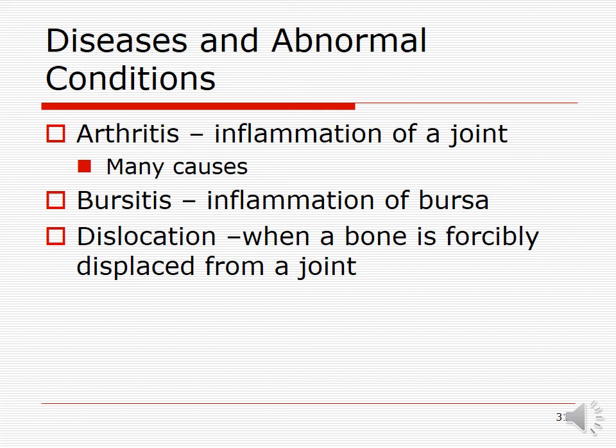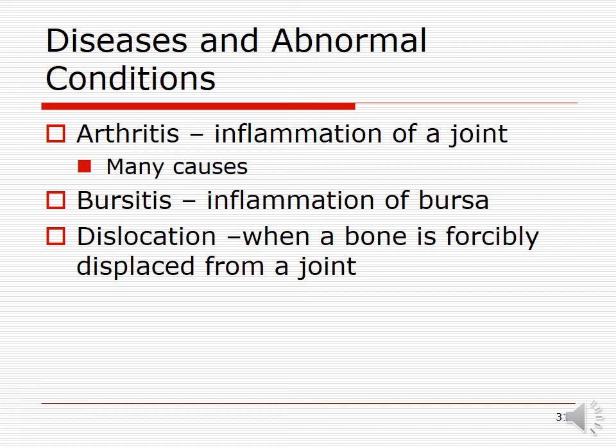Dislocation. Dislocation is not a comfortable thing to happen. This is when a bone is forcibly removed from the joint. It occurs oftentimes in shoulders and fingers or knees and hips. And really what needs to happen is you need to see somebody that can put that joint back into place.